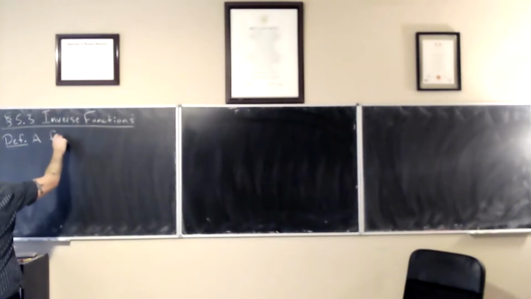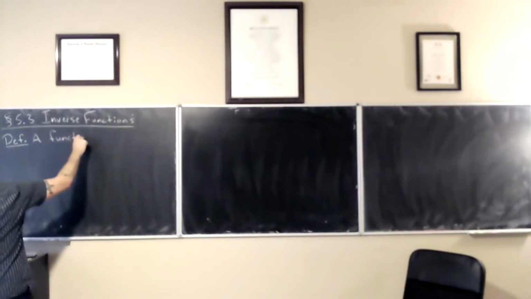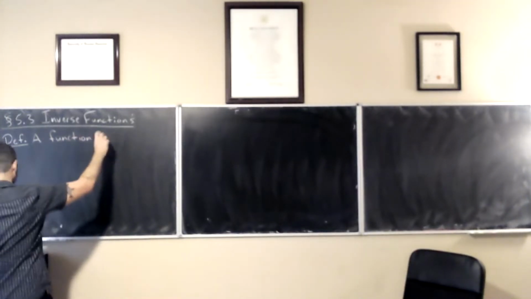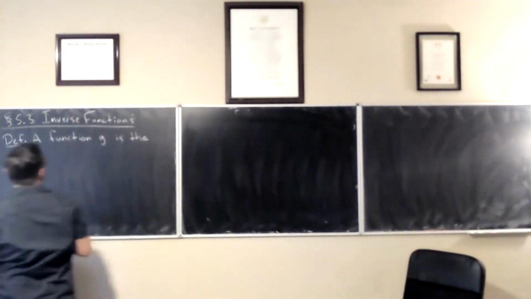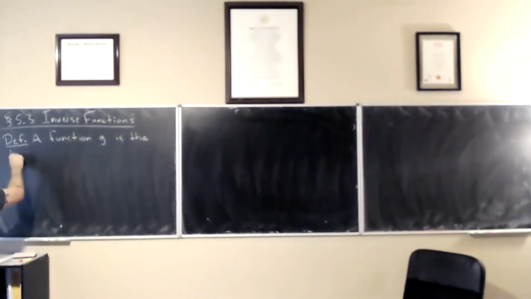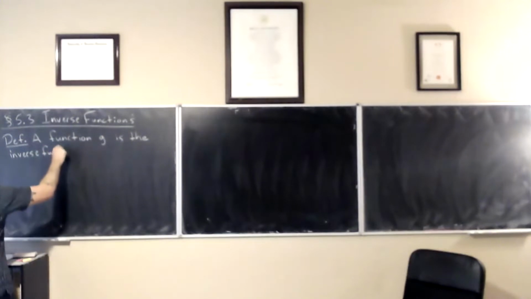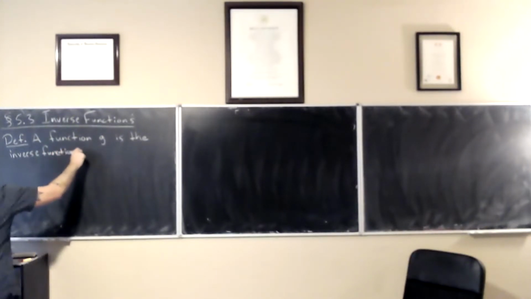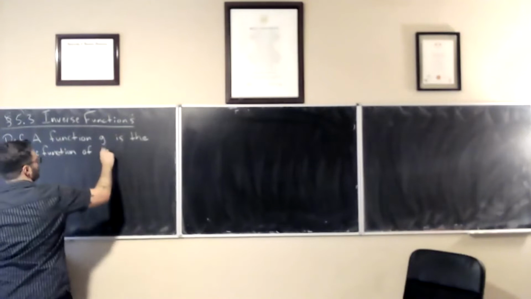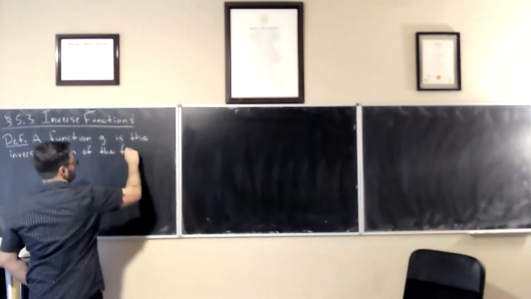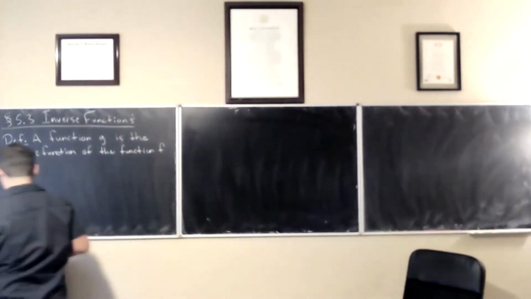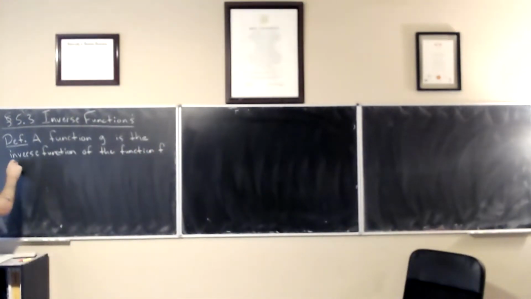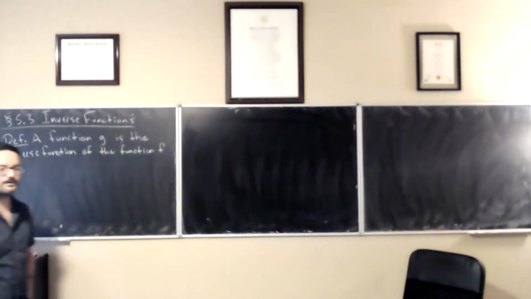So a function g is the inverse function of the function f if the following two things hold.